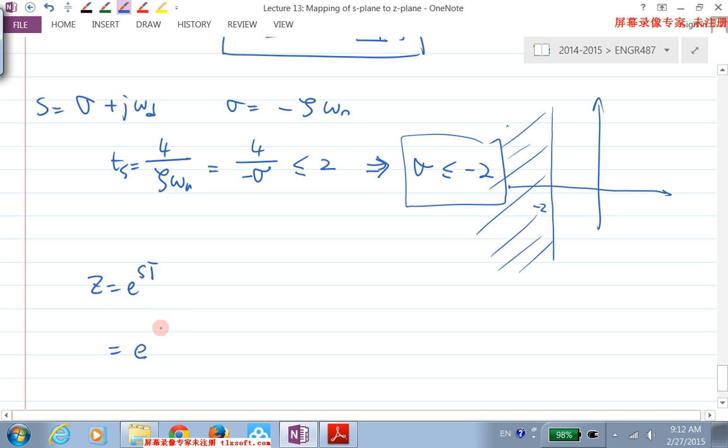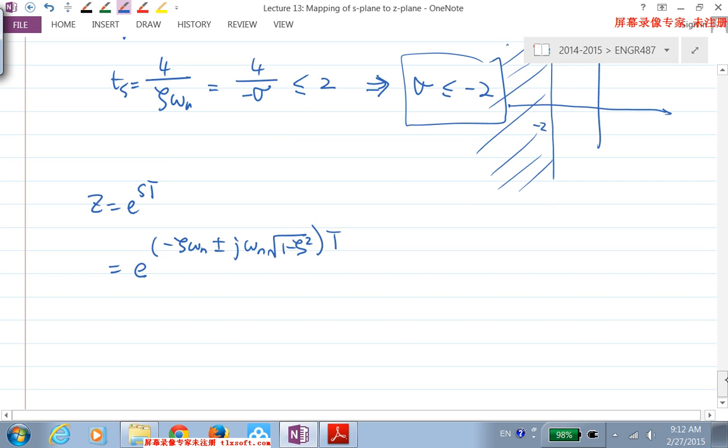Here's the idea now. s is sigma plus or minus j omega, where sigma is negative zeta omega n, and omega is omega n times root of 1 minus zeta squared, all times the time T. That's your s, and then that's multiplied by T. One more step gives us e to the power of negative zeta omega n T, times e to the power of plus or minus j omega n T root of 1 minus zeta squared.